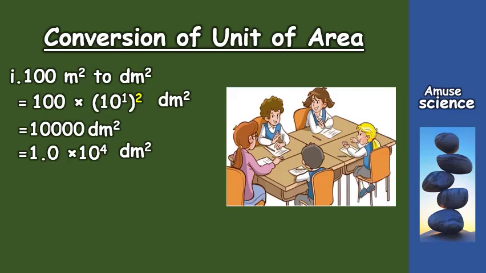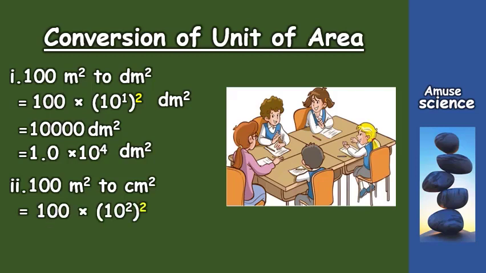The second one, we are supposed to convert 100 meter squared to centimeter squared. Once again, we have to introduce the centi in our answer. And so we are going to get 100 times 10 exponent 2, all exponent 2. And this gives our answer in centimeter squared.